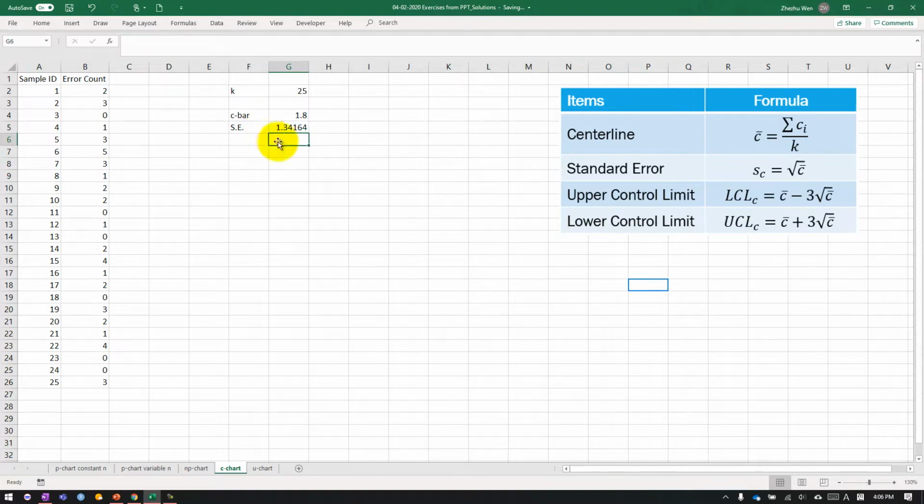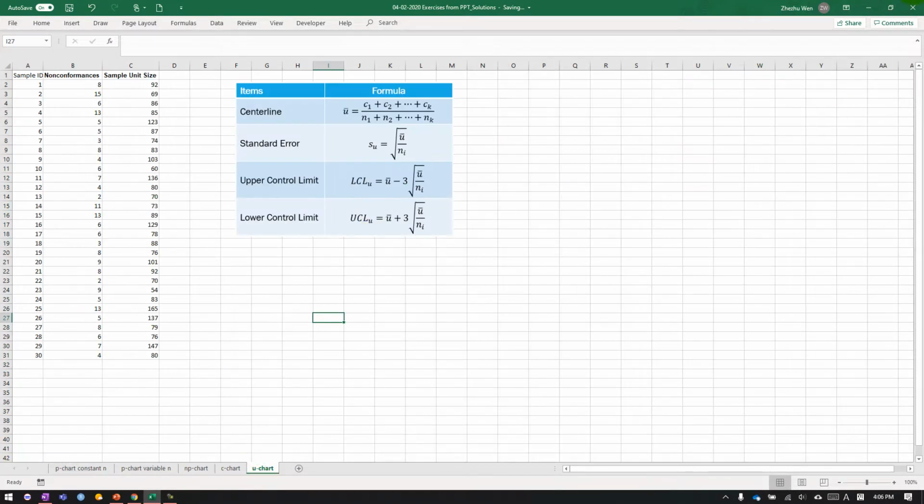Then you can use that to construct your upper and lower control limits. The upper control limit is C bar plus 3 multiplied by the standard error, and the lower control limit is the maximum of center line minus 3 multiplied by standard error, or 0, whichever is greater. With this, you should be ready to construct a control limit, and then determine whether the process is in control or out of control.